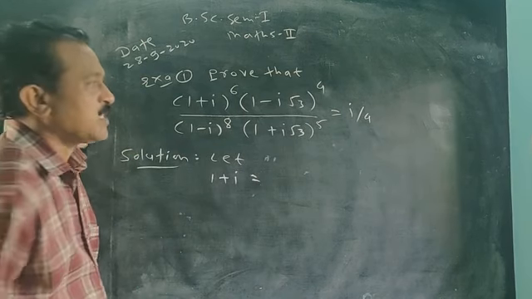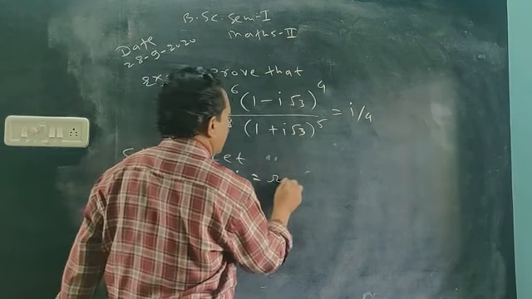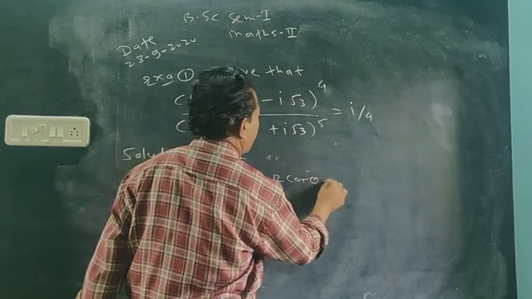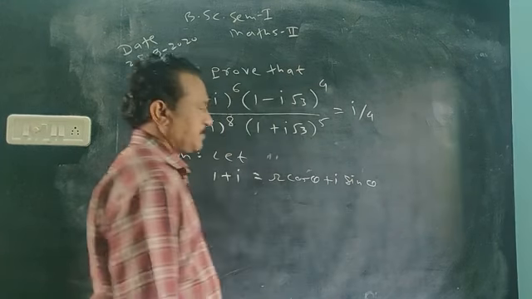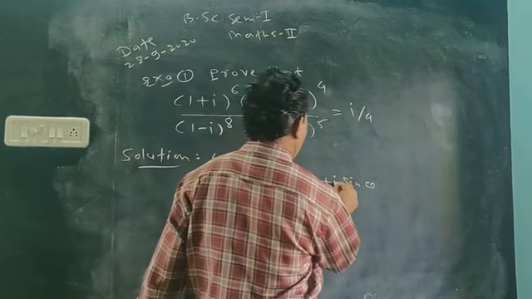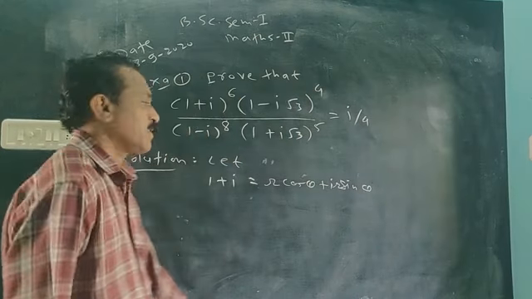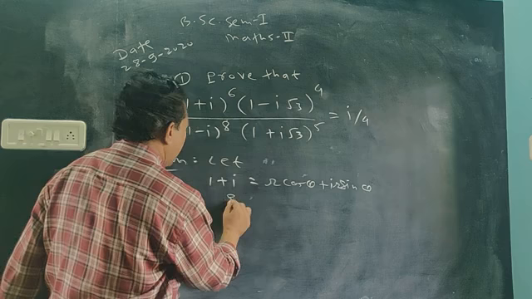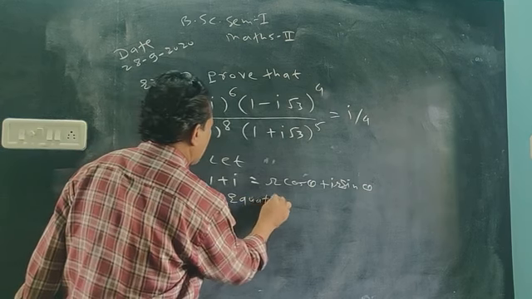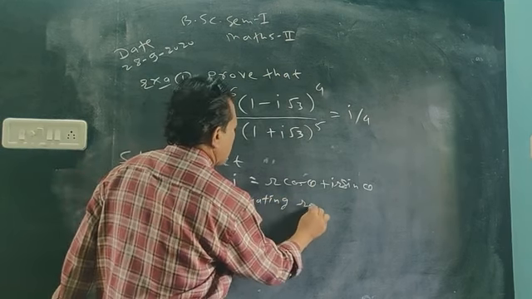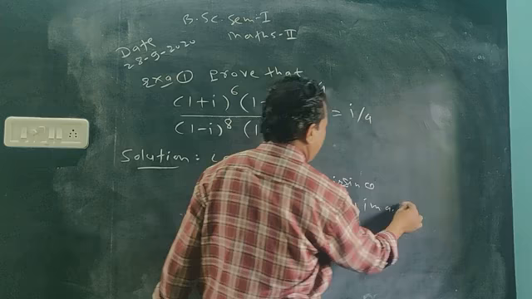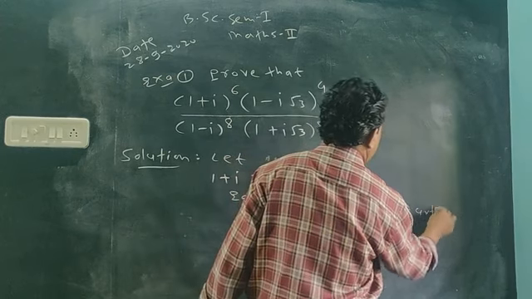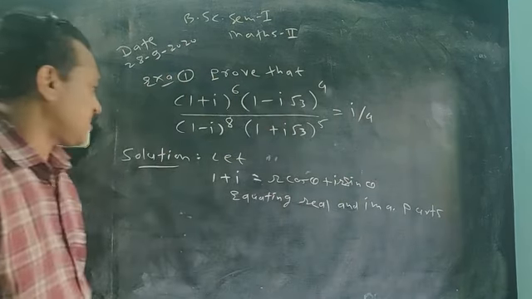Okay. So 1 plus i in polar form is r cos theta plus i times r sin theta. Then equating real and imaginary parts on both sides.